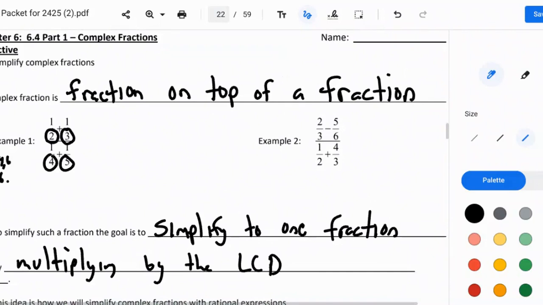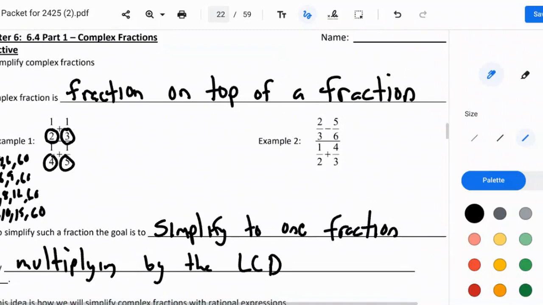This is 3, 6, 9, 4, 8, 12, 5, 10, 15. And if you keep going, it's not 30. I think it's going to be 60 for all of these numbers, and 60 is the lowest number that they all have in common.